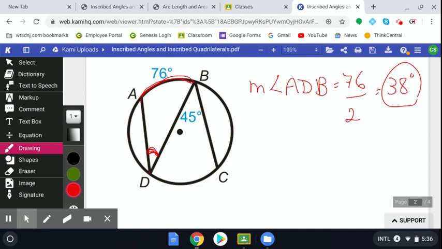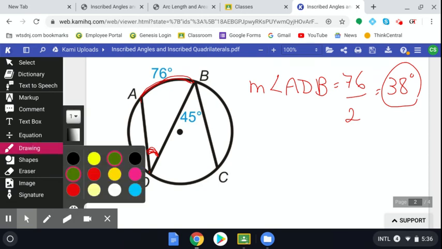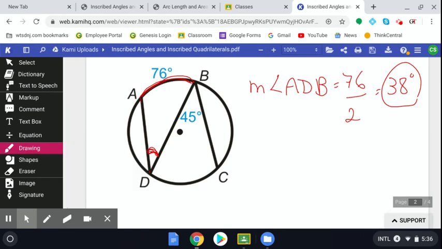Now there is another angle there that I can see, and that is the blue angle over here. And they told me that that angle is 45 degrees. So this is a little bit trickier because they did not give me the measure of the arc. They gave me the measure of the angle.